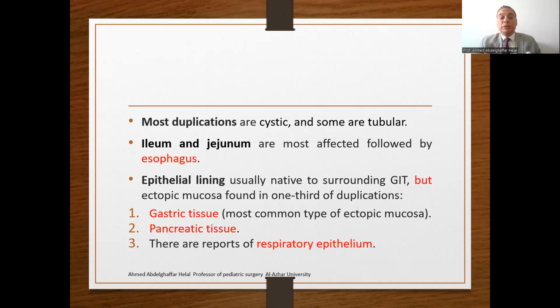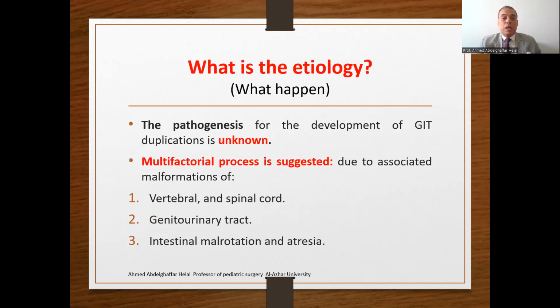The most common ectopic mucosa is gastric tissue, followed by pancreatic, and there are some reports of respiratory epithelium in the duplicated part. So the duplication may present with acute hemorrhage, gastrointestinal bleeding, which is an emergency requiring early diagnosis and treatment by the pediatric surgeon.